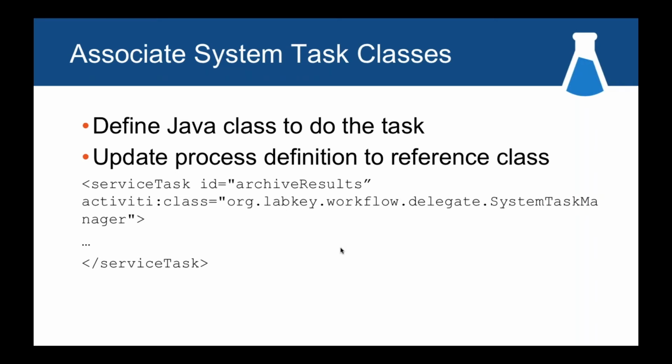To associate a system task class, this is done within the XML, and here we are employing some of the extensions that Activiti has provided for service tasks, in that you can provide the name of the class that will handle the service task, and then within that XML element, you can also provide parameters for that class. So when you instantiate it, it knows more data about what kind of system task you want to run, for example.